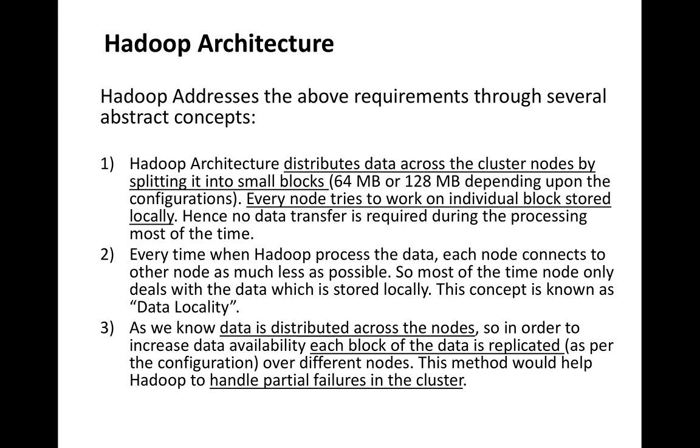Only when necessary, I will get data from another node. One benefit of this design is it saves bandwidth and the time to transfer data from one machine to another, because I try to use the local data. That's the first abstract concept.